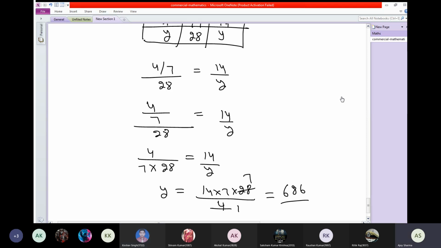Then you have to call the reception and request to be added, or you may send a message to 69 number, or you may send a personal message to me also on the same number.